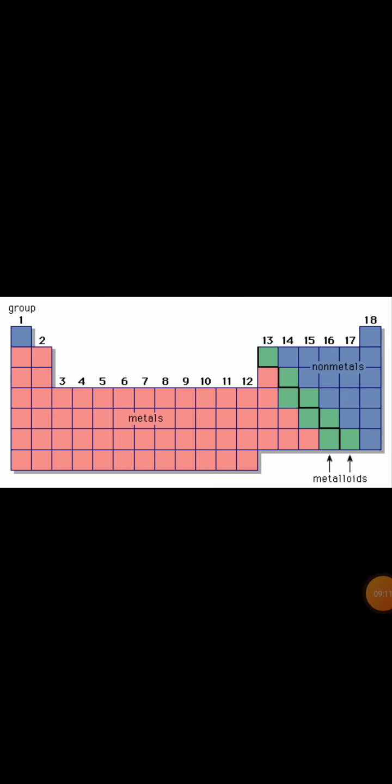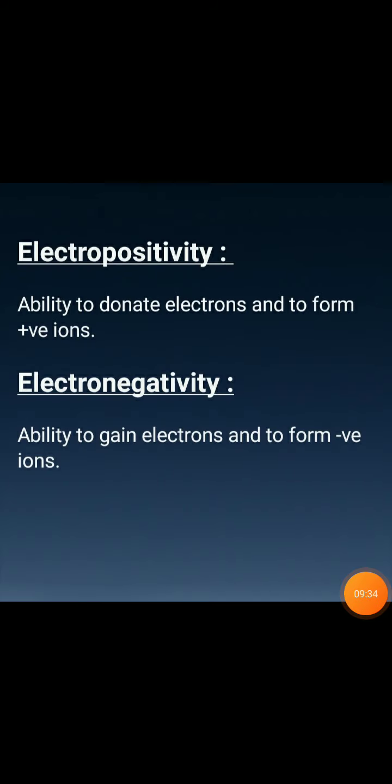Now, in chapter 3, we have learned that metals lose electrons, they give electrons while forming bonds. That is why they are called electropositive in nature. So here is a new term for you. Let us understand it. Two terms we will understand: electropositivity and electronegativity. What is electropositivity?